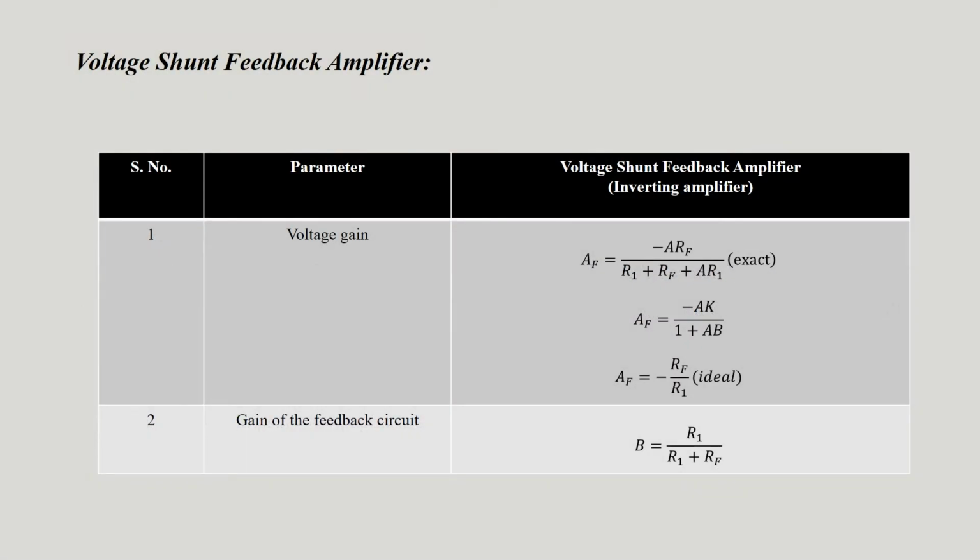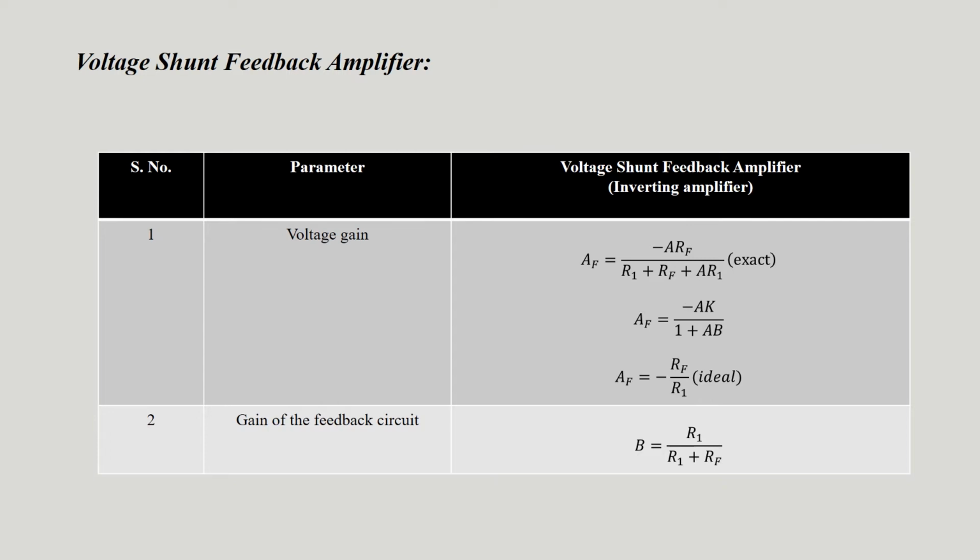So up till now we have talked about voltage shunt feedback amplifier. This is also commonly known as inverting amplifier with feedback or closed loop inverting amplifier, because it uses feedback and the input signal is applied to the inverting input terminal of the op amp.